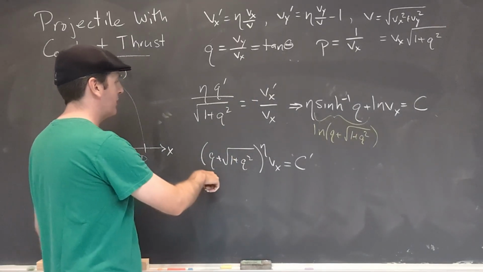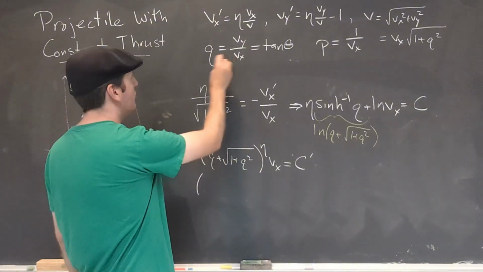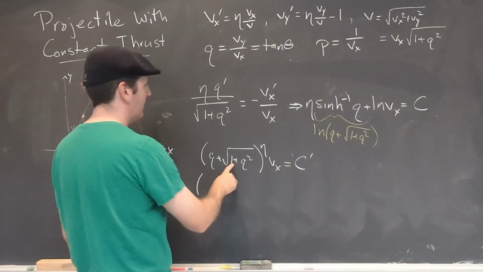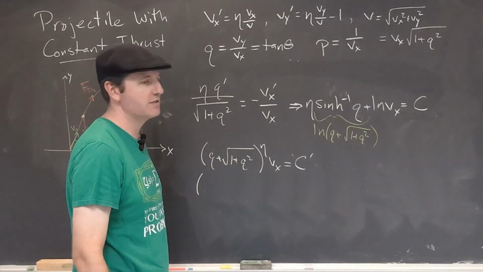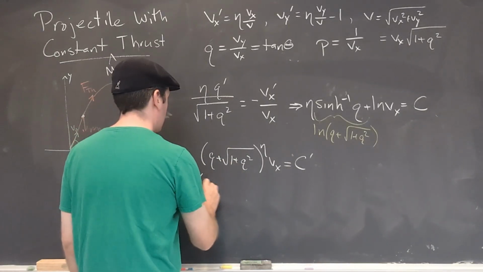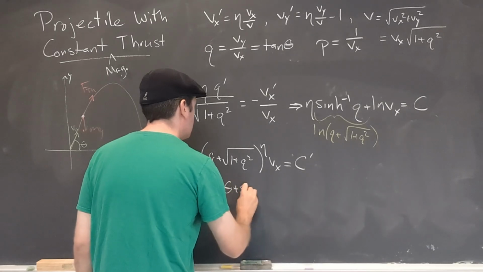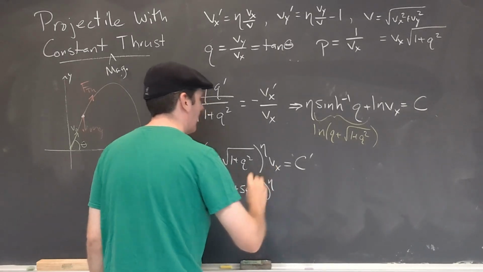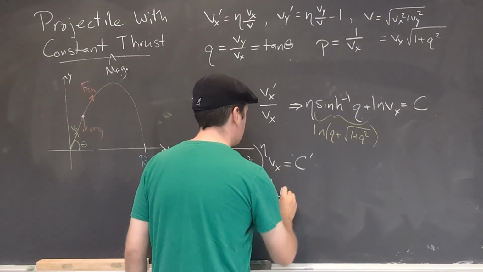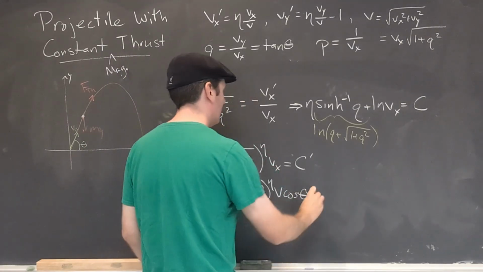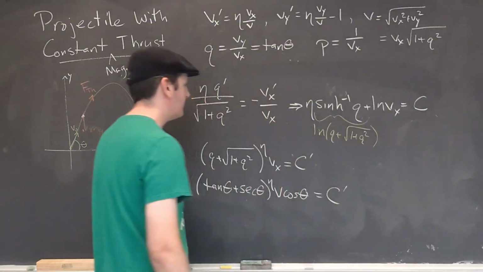In that case, what would we have? We'd have q, which is just tan theta. 1 plus tangent squared is secant squared. Square root of that's going to be secant. So I have tan theta plus secant theta to the eta power. And then vx I could just rewrite as v cosine theta. All of this is a constant.